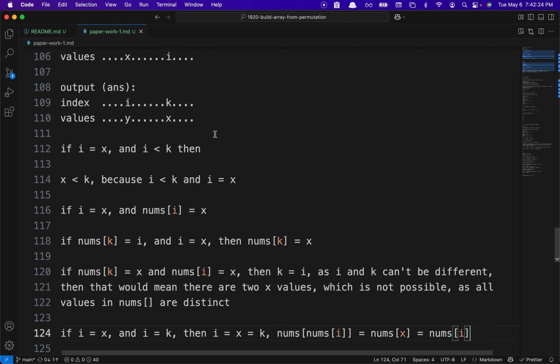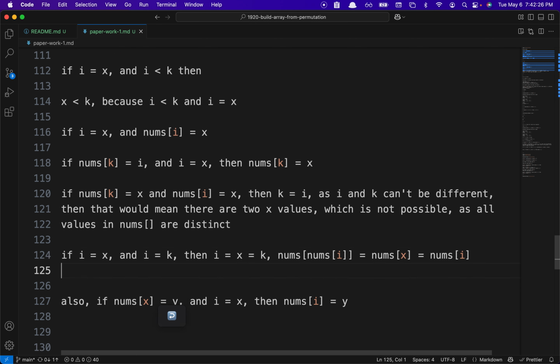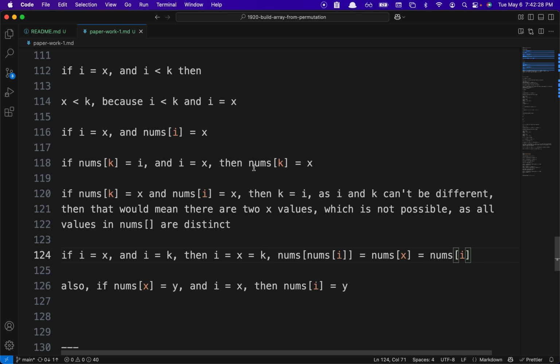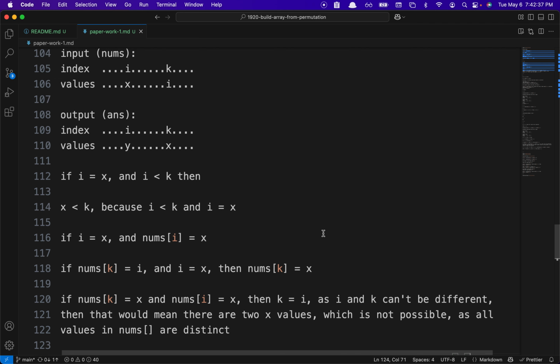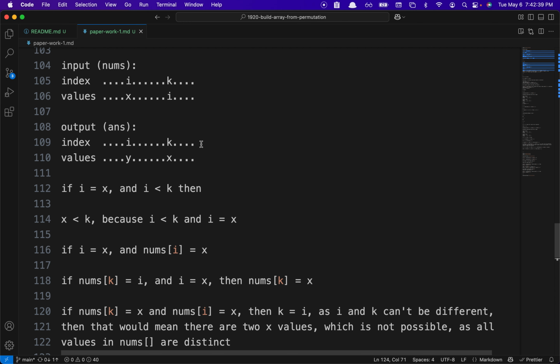Look at answer of i and k. Nums of i is equal to nums of x because nums of i is x.